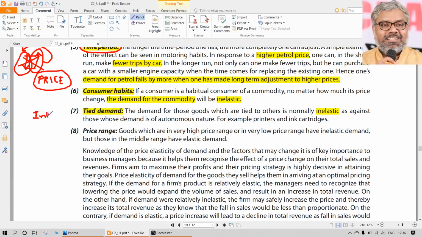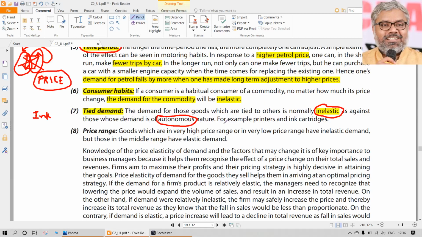So what can we say? The demand for ink is a tied demand with that of ink pens. In that case, such goods are relatively inelastic. But which type of goods are generally elastic? Those which have autonomous demand, which do not have any link with others. Those will behave normally. Those will be very much elastic in nature.